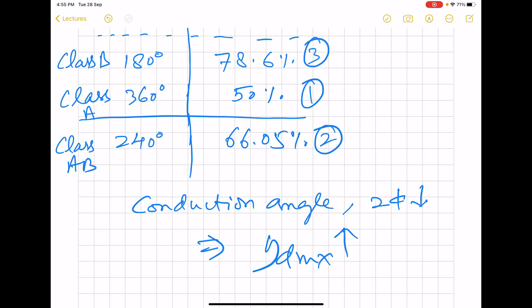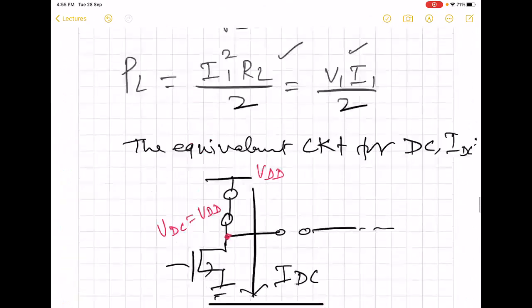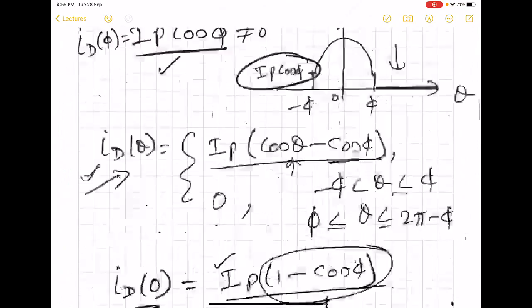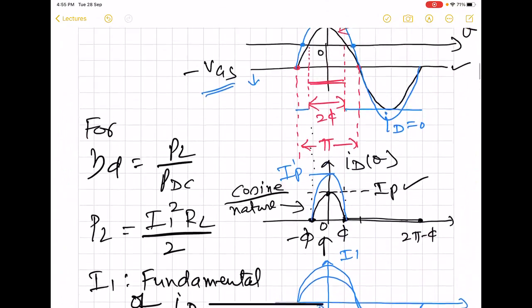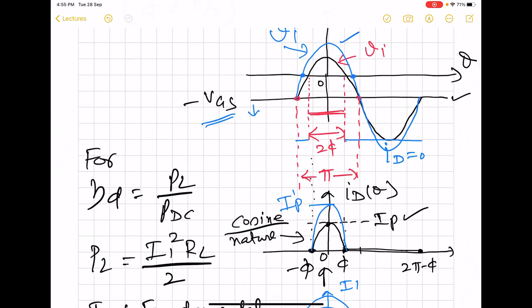So the problem here is that when we try to decrease the conduction angle, there will be a very short duration for which the MOS will conduct, and this amplitude will also start getting reduced.